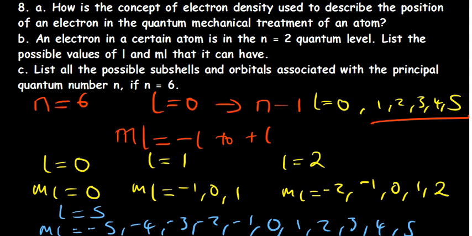There should be 11, which times 2 gives 22 electrons. Usually, this is the s, this is the p, this is the d, then f, so we usually end on the f. That's how you determine the possible subshells and orbitals associated with the principal quantum number.